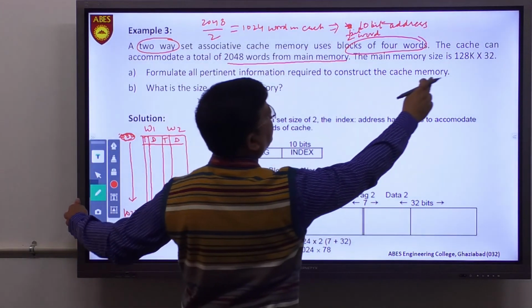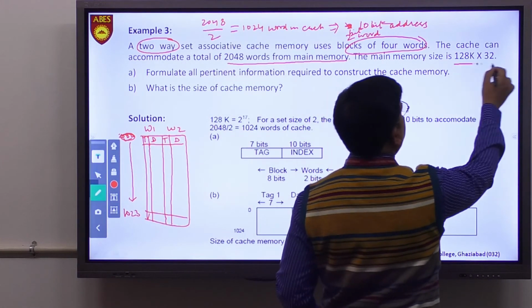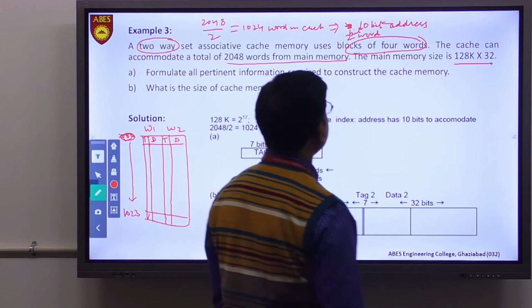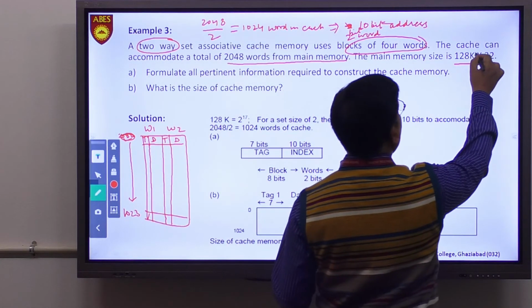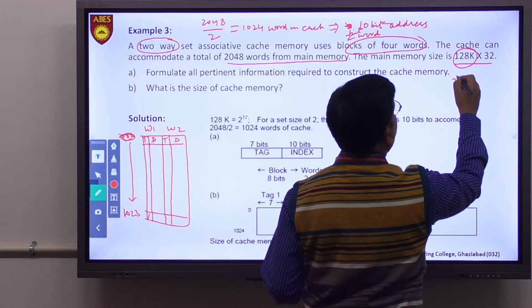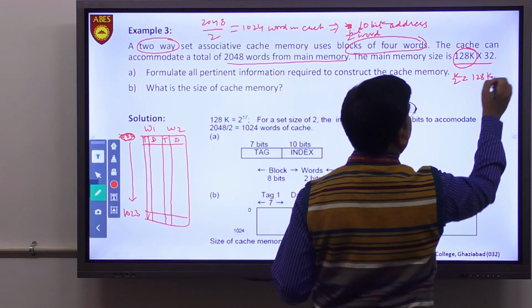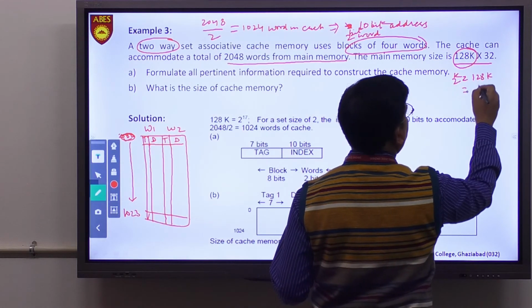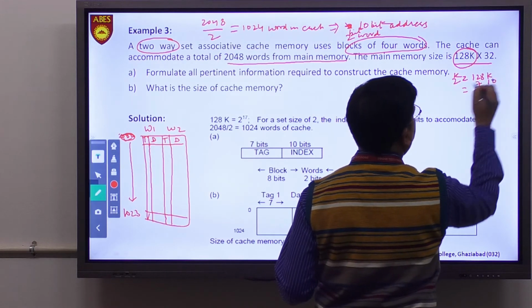Now the main memory size is 128K by 32. So what will be the address of the main memory? Since in main memory there are 128K words, we can find out 2 to power k equal to 128K. 2 to power 7 is 128 and K means 2 to power 10.